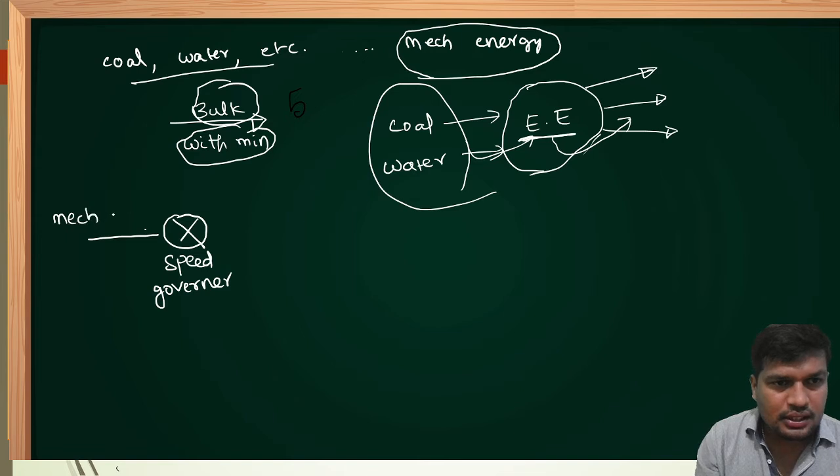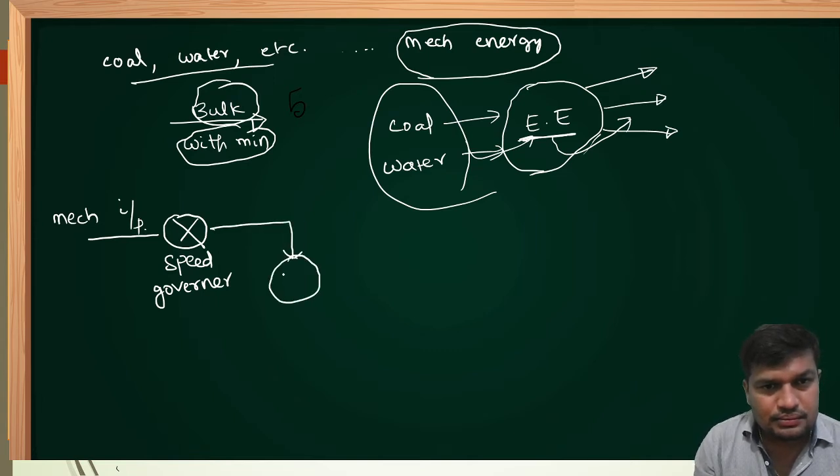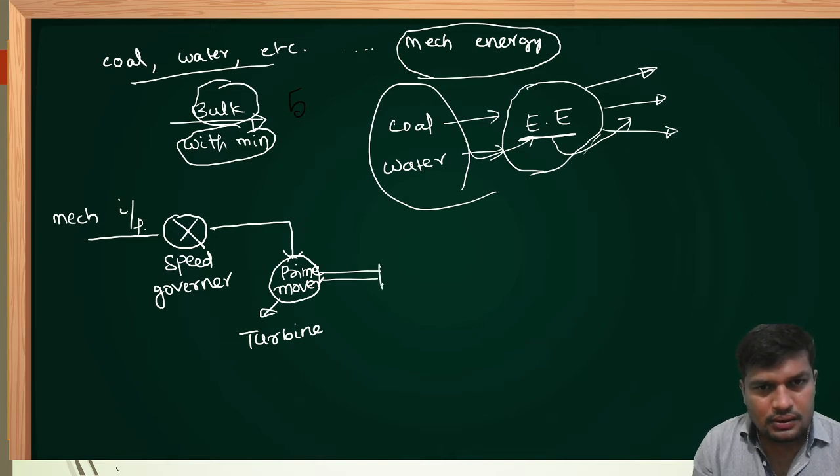This is mechanical energy or mechanical input. Speed governor is going to be connected to the prime mover. Prime mover is also called as turbine. This prime mover is mechanically coupled to the generator.